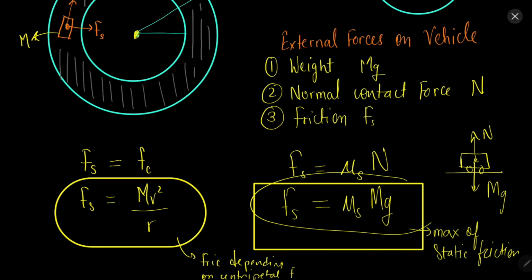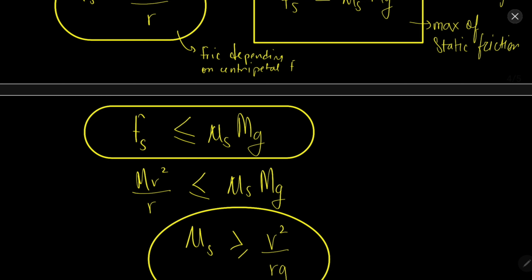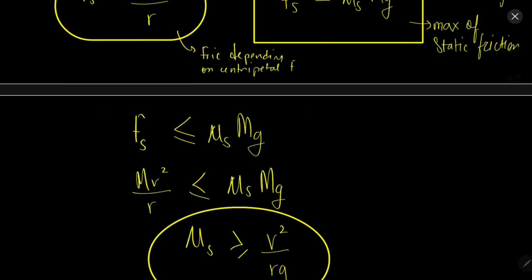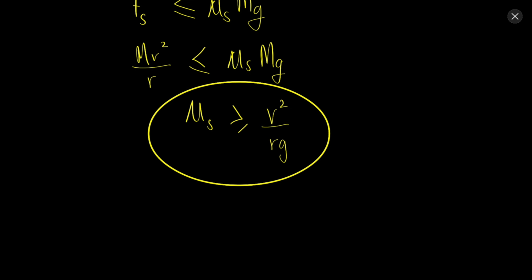The maximum static friction is mu s n, and n is mg, so mu s mg. So mv square by r will be smaller or equal to mu s mg, which gives mu s greater or equal to v square by rg.